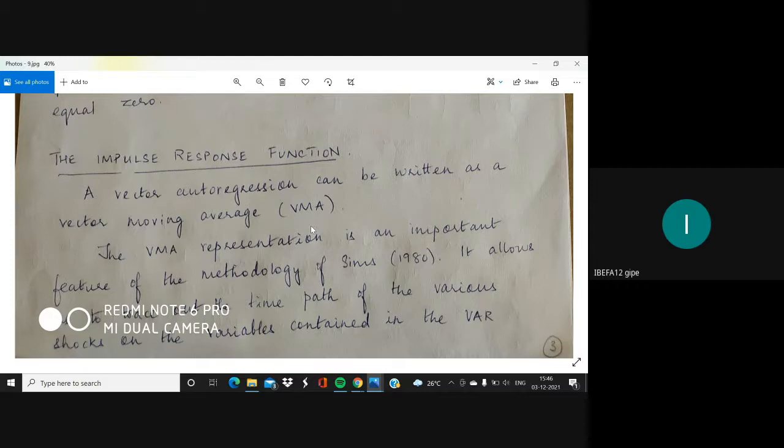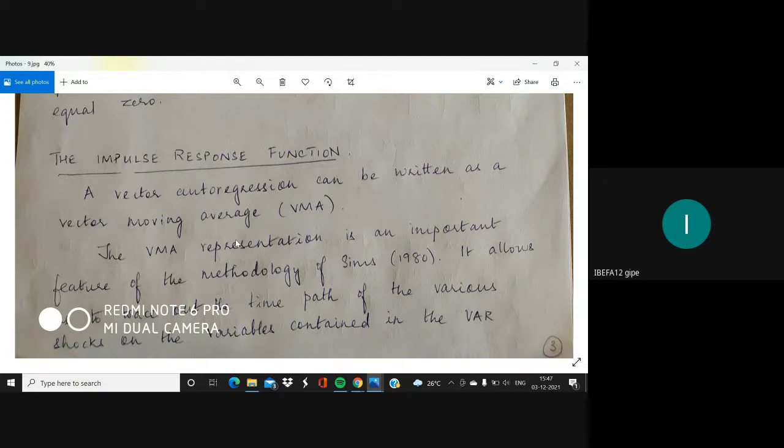It was expressed as some mean value plus the moving average error terms. If you go back and look at your notes from ARIMA models, you'll find that was the general expression for a solution to a difference equation. So just like every autoregressive model has a moving average representation, similarly a vector autoregression will also have a moving average representation.